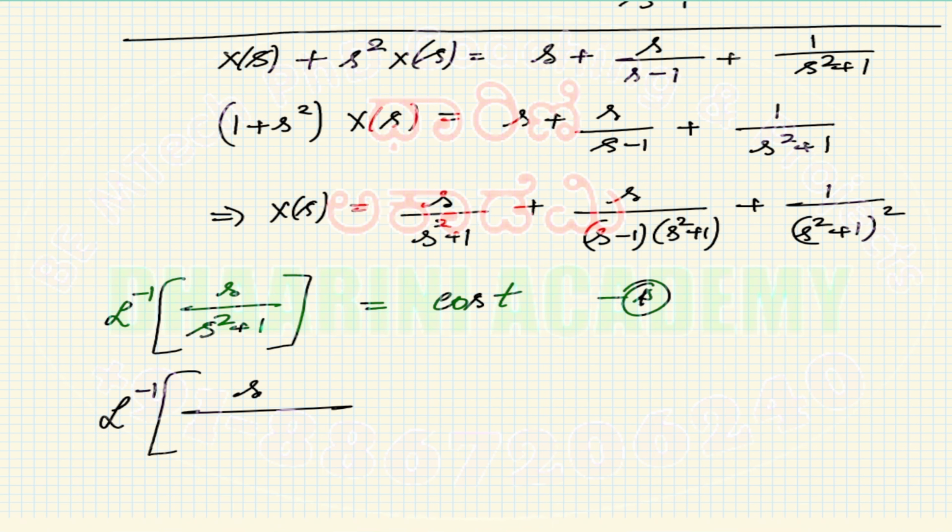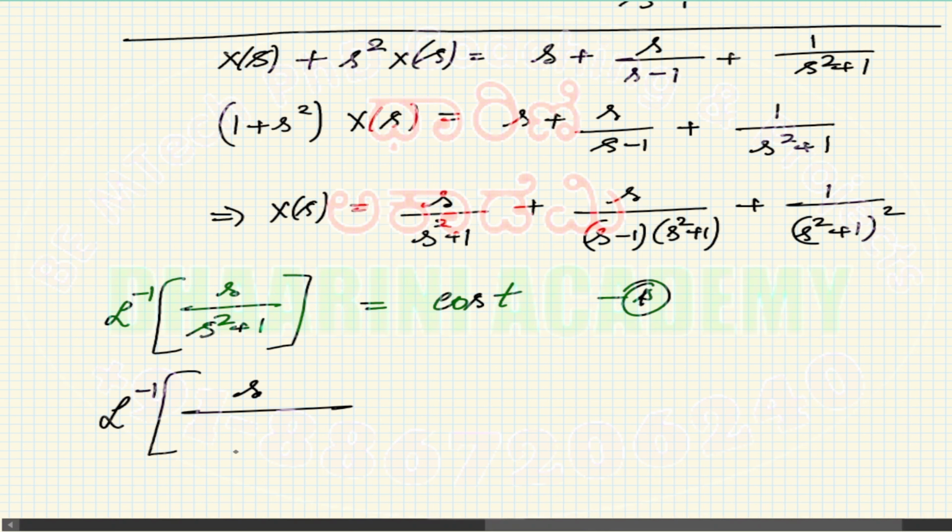Mostly it looks like I have to write it as a partial fraction first, then we get an answer. So this is s by s minus 1 into s square plus 1, which is what I want to calculate.